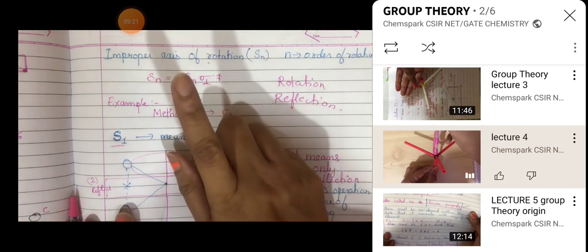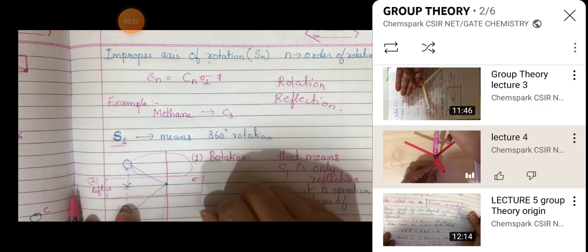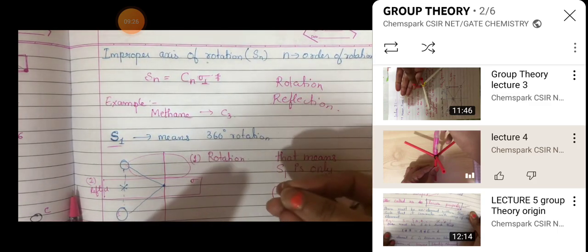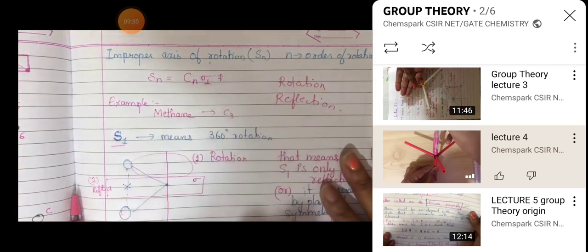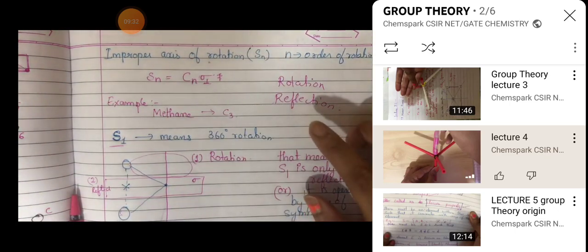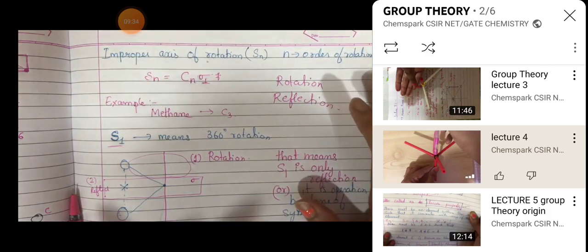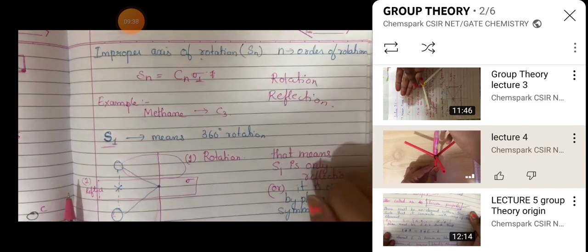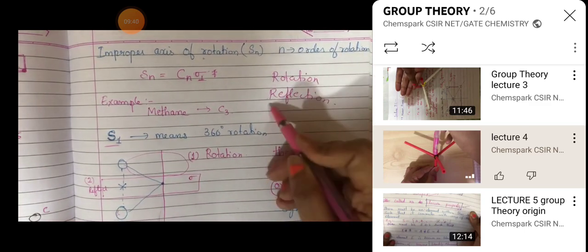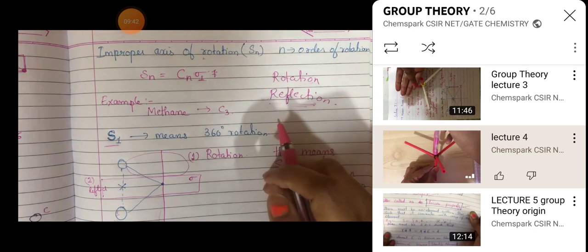Okay. So an improper axis is an axis that need not be a proper axis. Okay, so if you want to define improper axis of rotation, we would consider it as a symmetry operation which consists of two operations: one is rotation and the other is reflection.